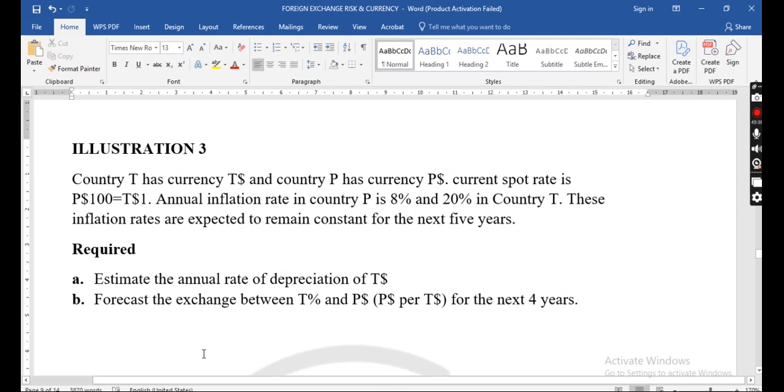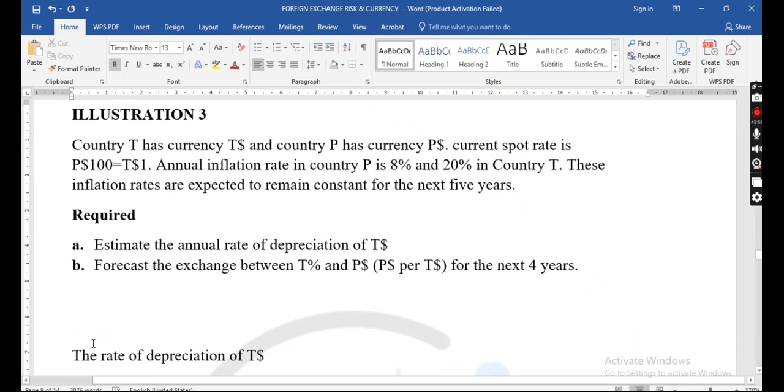Now, what is the annual depreciation? Class, what is the formula for calculating the rate of depreciation for T dollar? Suggested solution.